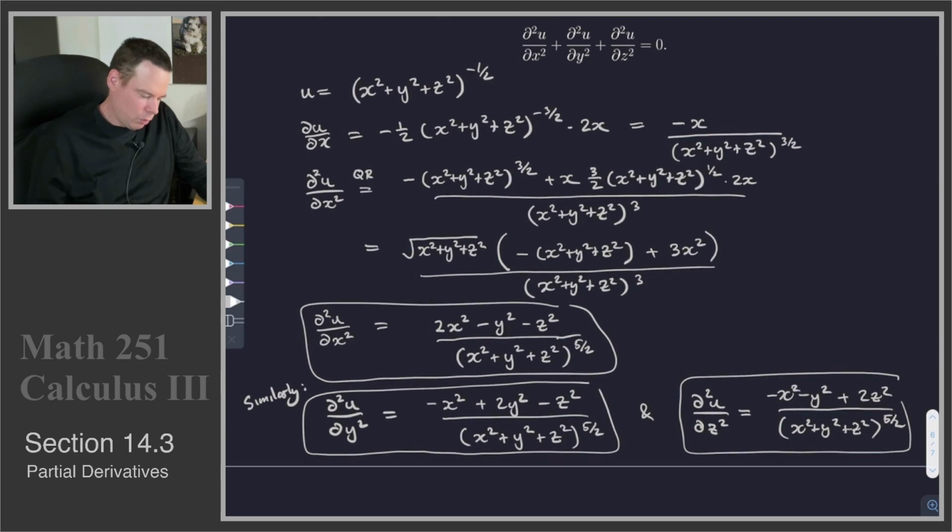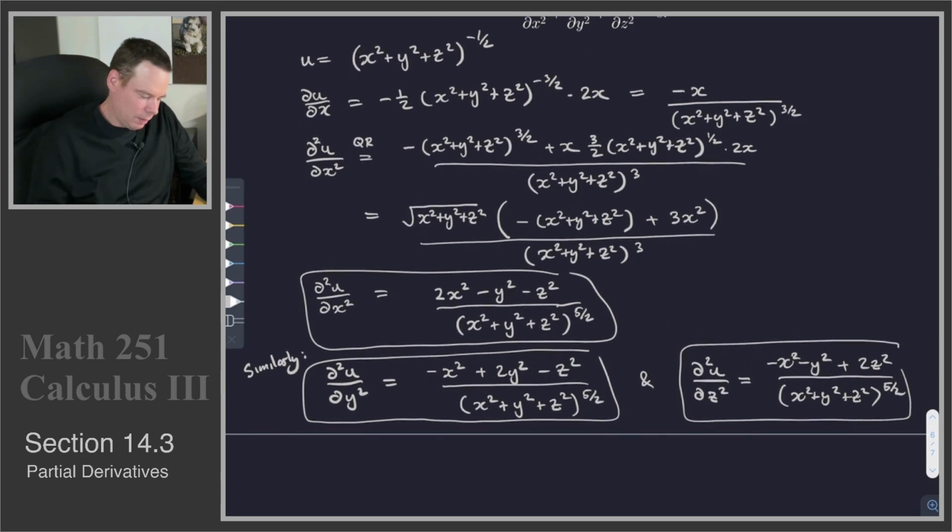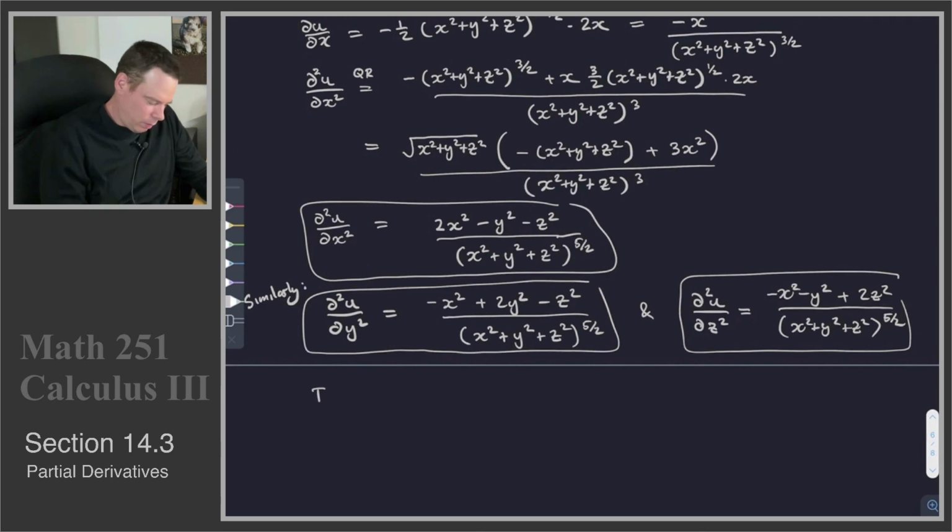And so what are we interested in? We're interested in adding these things all up. And so therefore, we want to find the second derivative with respect to x plus the second derivative with respect to y plus the second derivative with respect to z.